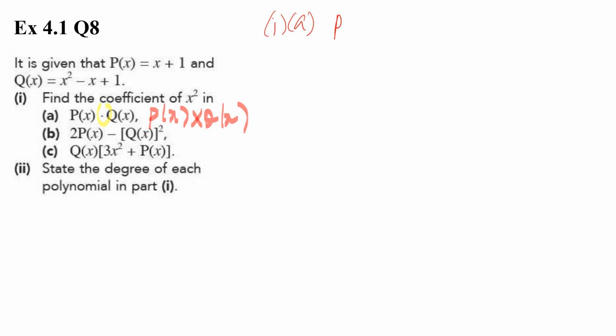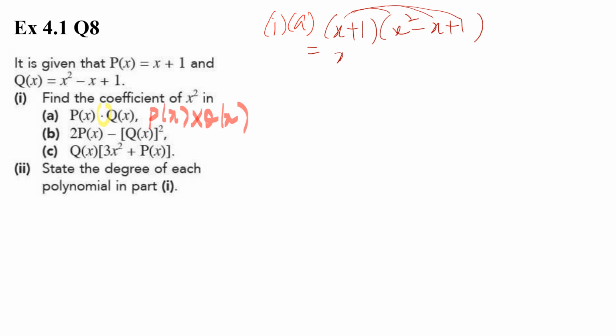Okay, let's do part A. What we are asked to do is just to take the polynomial x plus 1, multiply with the second polynomial, which is x squared minus x plus 1. We're going to do some fishing again, fish out the x squared term. We have done some similar questions earlier on. You just work this out and see which are the terms you're interested in.